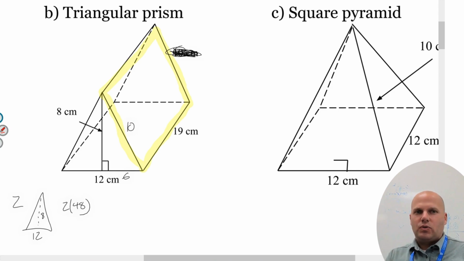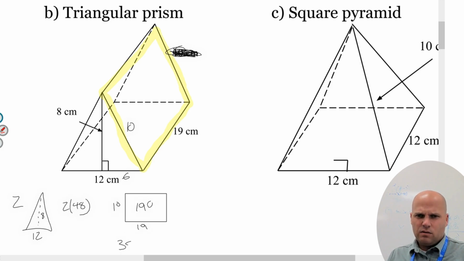Remember, we could always use our previous knowledge to help us with this current stuff. So here's two rectangles that are 10 by 19. So that's 190. So I have 380. So I got two 48s. I got 380.